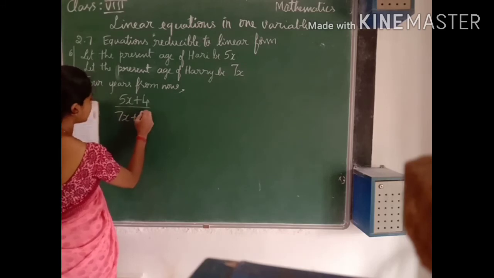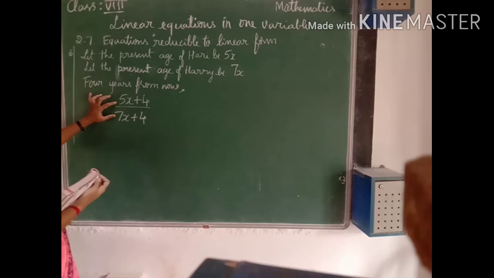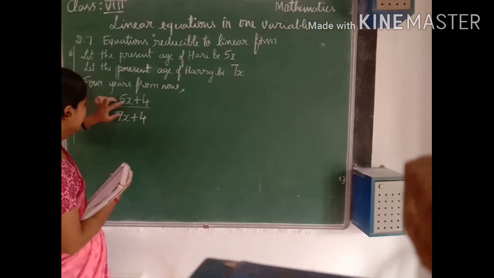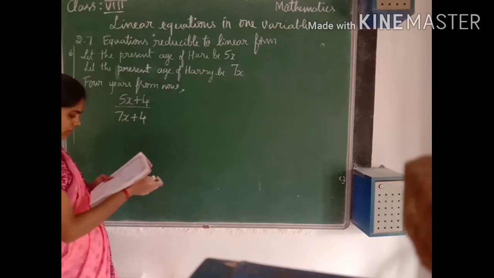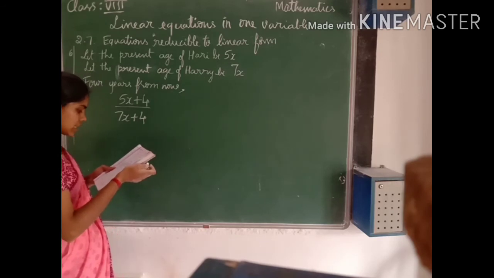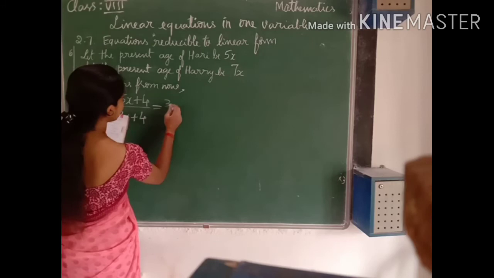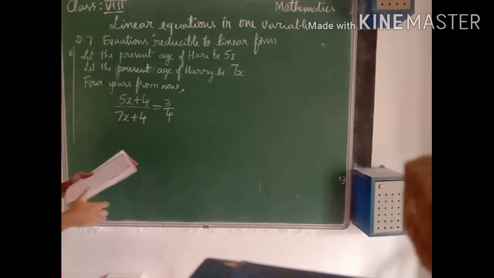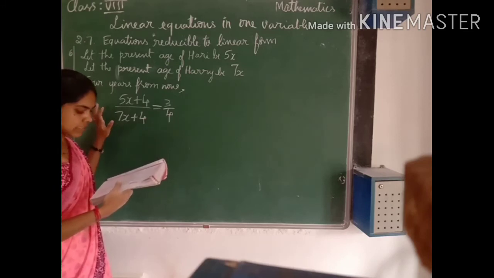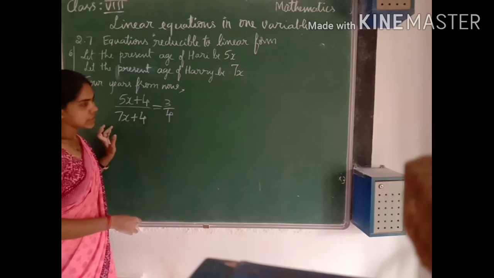Since it is a ratio, you have to write it like this, in proportion: 5x by 7x, and you have to add 4 years to each. So 4 years from now, the ratio of their ages will be 3:4, so that is equal to 3 by 4. From these we have to find their present ages. This much is given. Now let us find their ages.